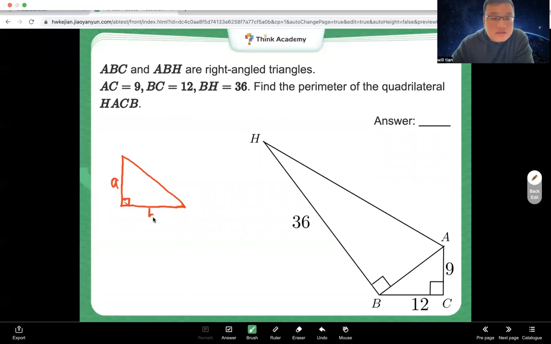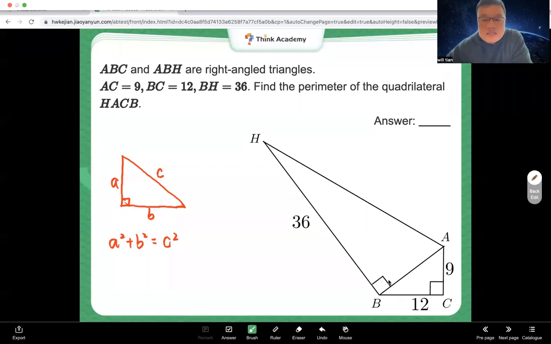This is A, this is B, this is C. So the formula is: the two shortest sides, you square them and add them together. That must be equal to the longest side in the right angle triangle, squared, so that'll be C squared. So A squared plus B squared equals C squared. That's it.